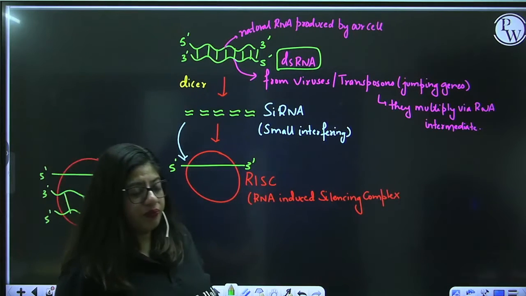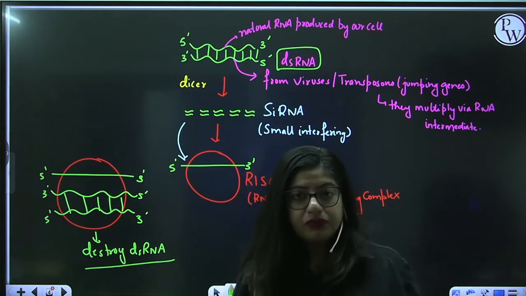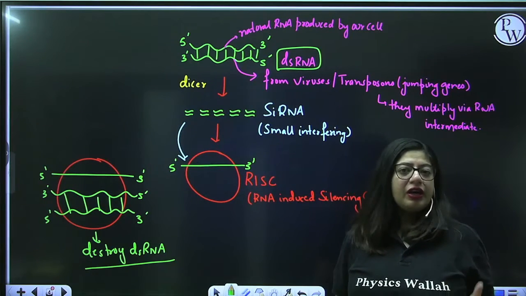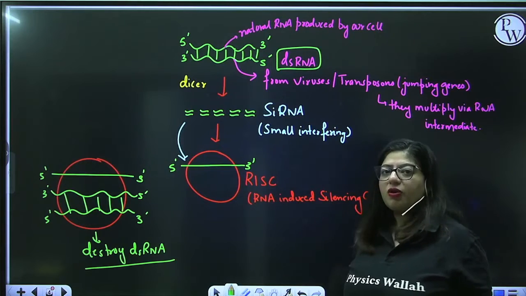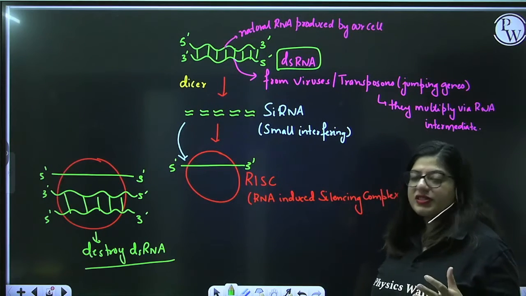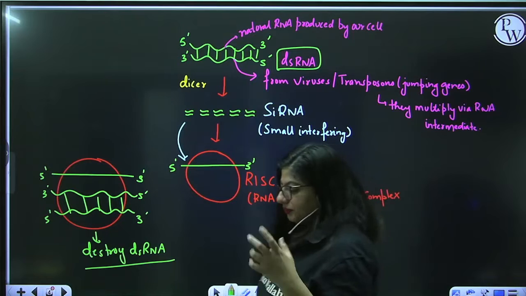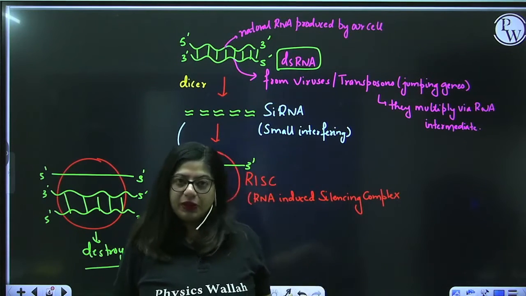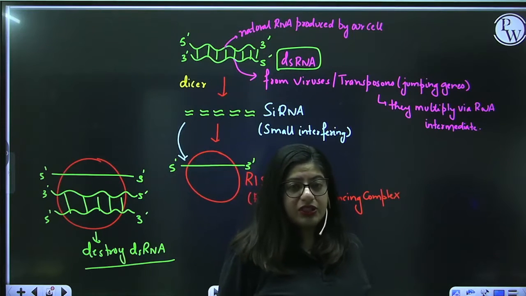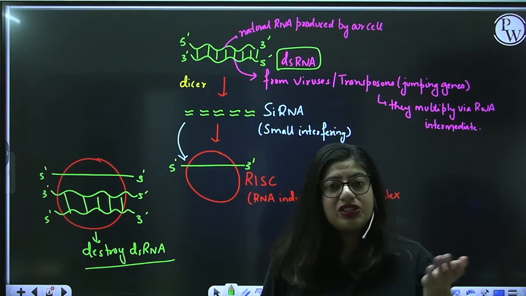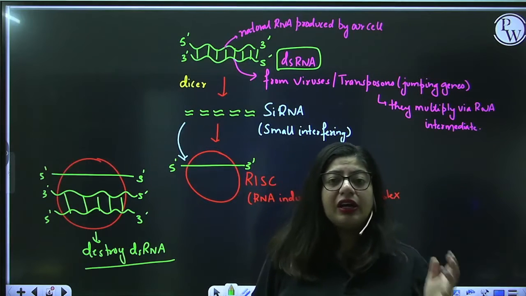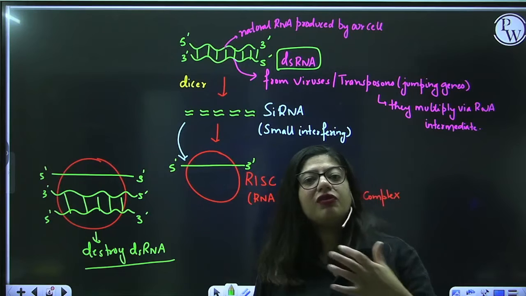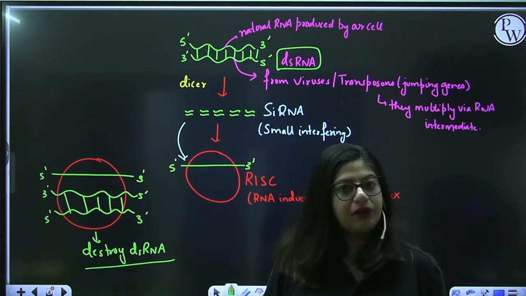So we got to know that you can silence any of your genes in your body. Now ma'am, we have not talked about genes, we are talking about mRNA. When you studied molecular basis of inheritance, you must have studied gene expression: DNA will form RNA, RNA will form protein, and protein is the one that does something.